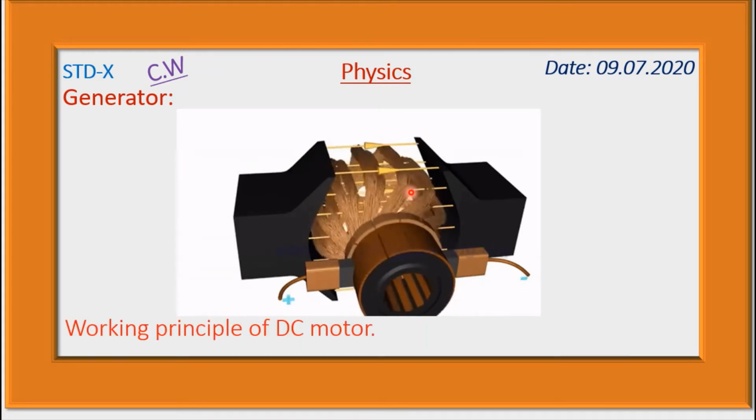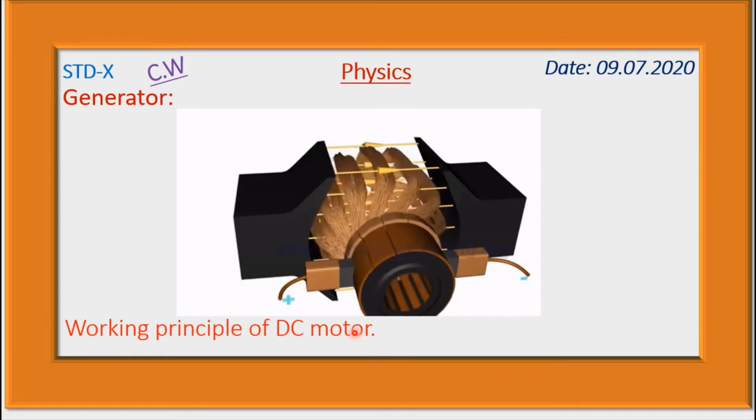We know in the case of a DC motor, if current flows through the coil, then the coil is rotated inside the permanent magnet. If we reverse this process, that means now the coil is not connected with the battery, but we connect this coil with a galvanometer or ammeter and rotate this coil, then current will be produced through this coil.